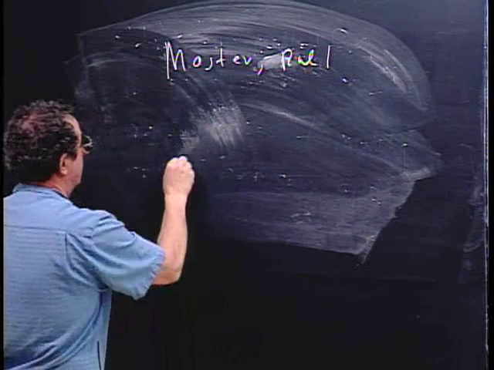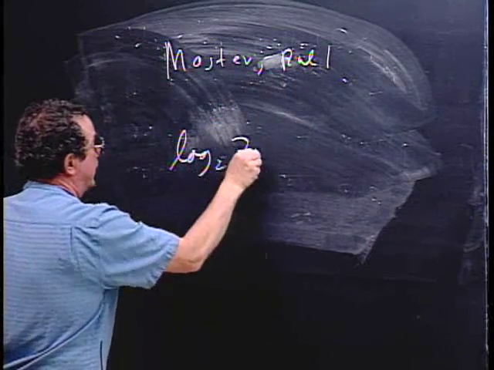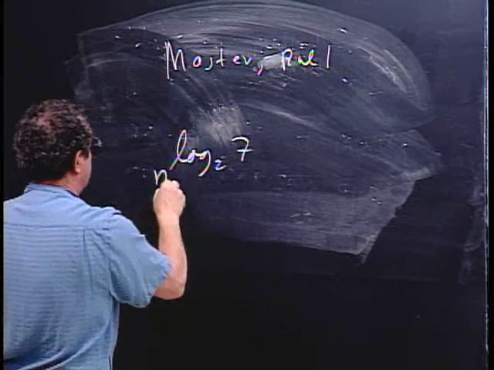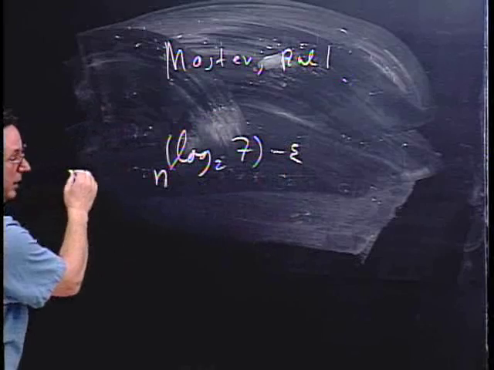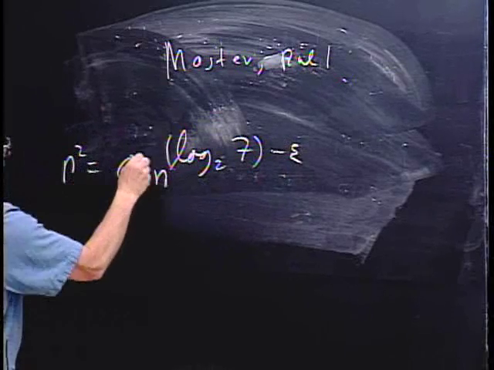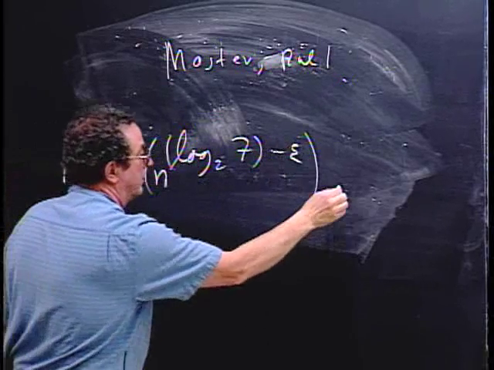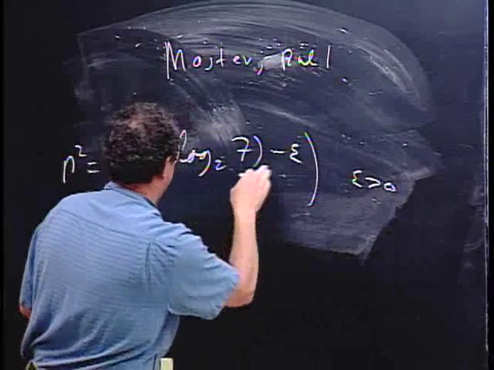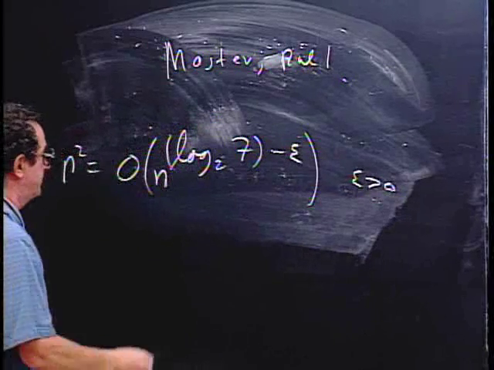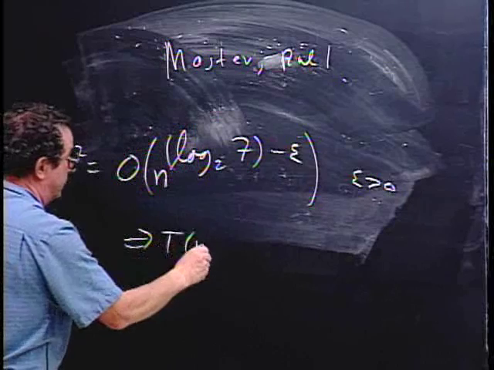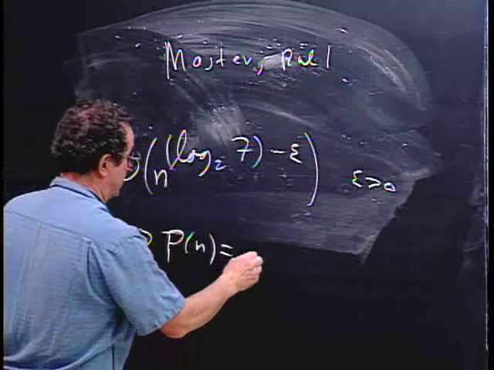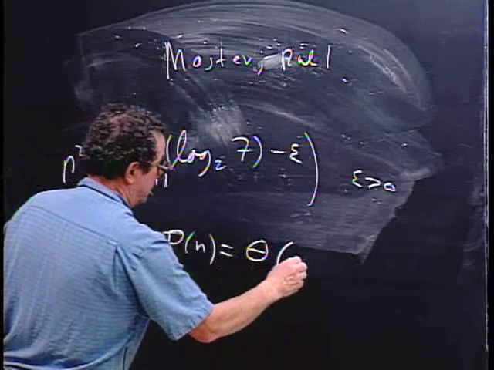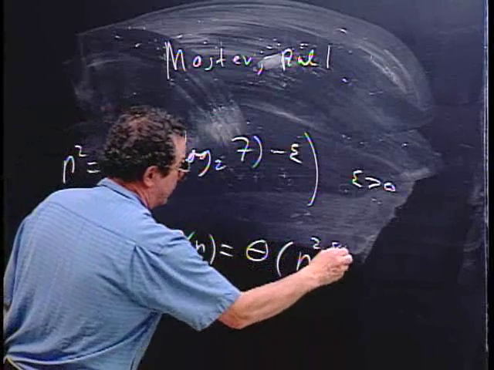Again, we're going to form n to the log base 2 of 7 minus epsilon, and we're going to compare that to n squared, and we're going to see that n squared is big O of n to the log base 2 of 7 minus epsilon, and that implies that P of n in this case is equal to theta of n to the 2.81.